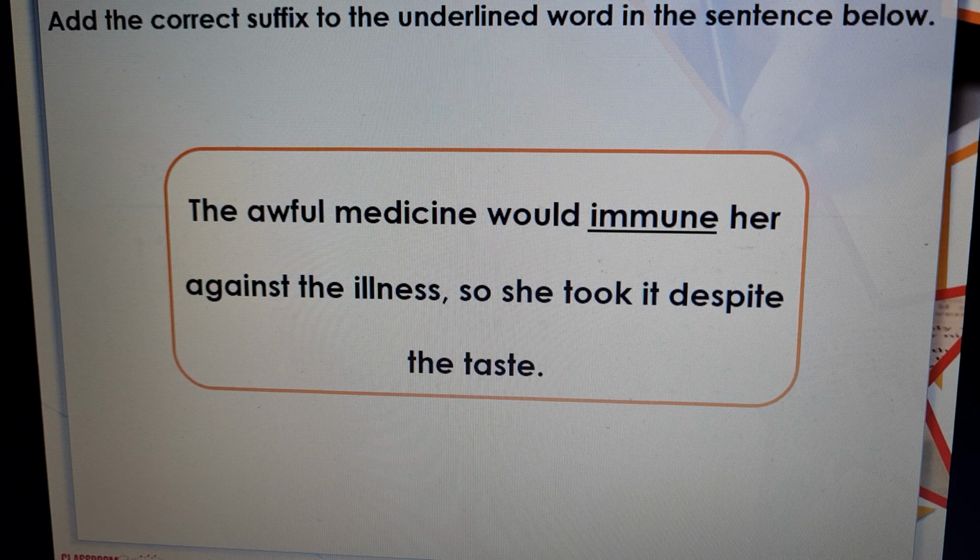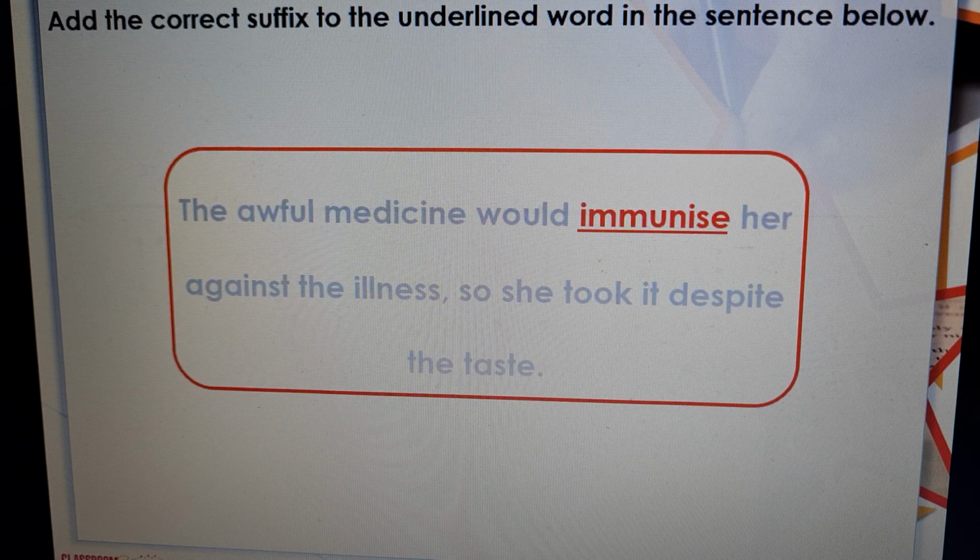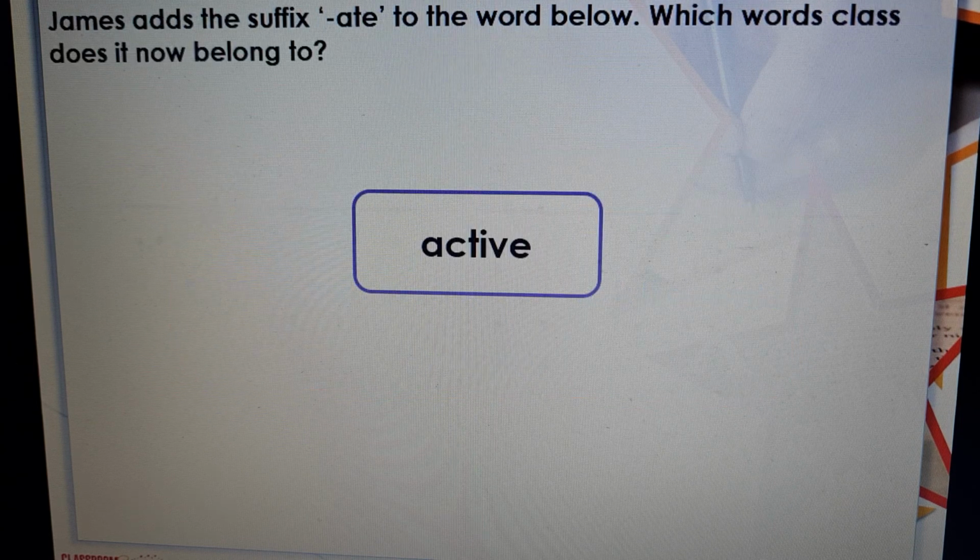Don't just guess, see if you can find out and get it right. Pause the video and complete that. Okay, well, if you have looked that up carefully and not guessed, you should have got immunize.